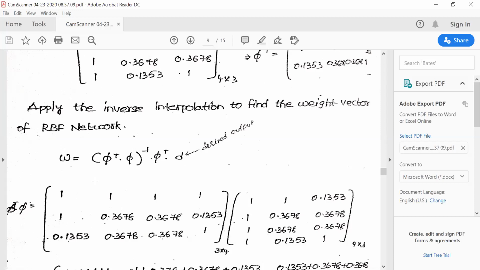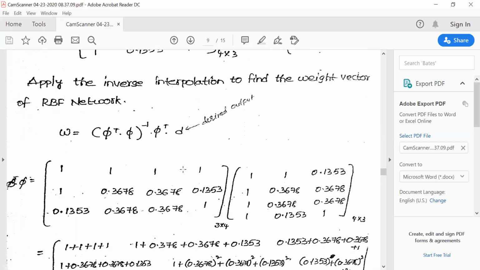Therefore, what we are doing here is phi power t into phi, which always results in a square matrix. Then we are calculating the inverse for that. Then to come out of that extra operation we did, we are again multiplying it by phi power t, and then we are multiplying it with the desired response. So this is what we did to calculate the weight matrix W.